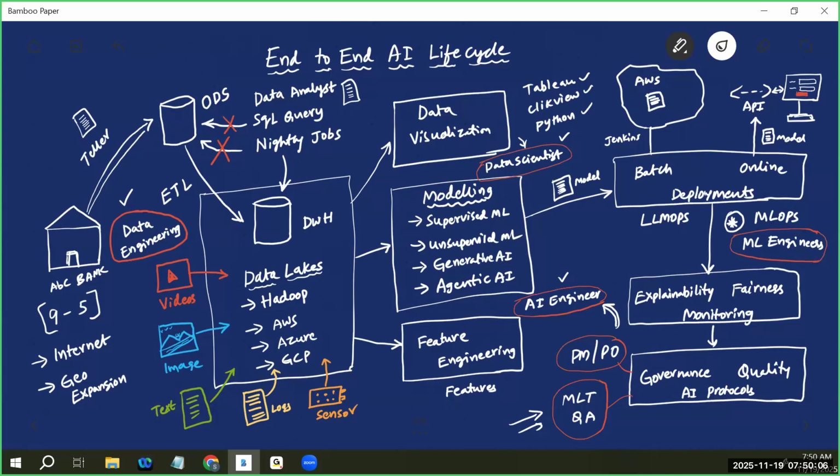So there can be a question about PMs and product owners, delivery managers, such kinds of roles. There are such roles, but eventually, as we are seeing, those roles are shrinking.